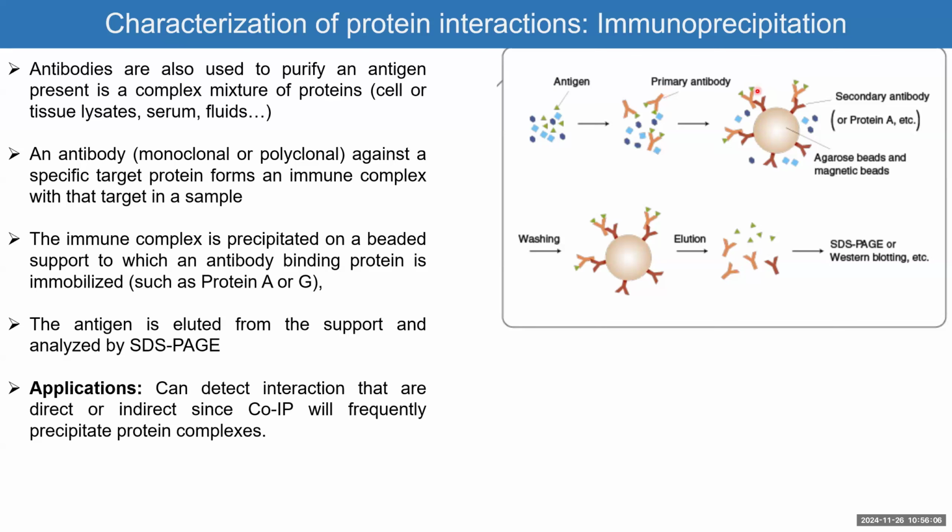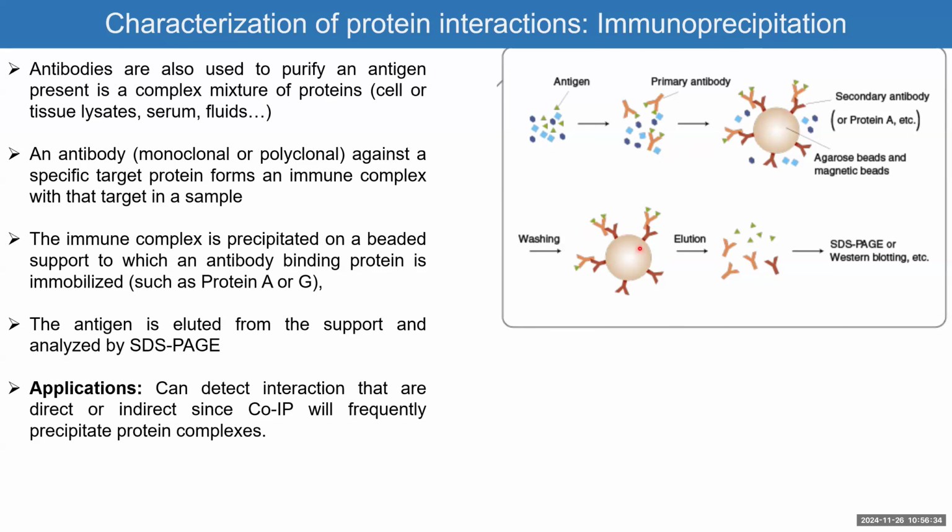I will put the primary antibody in both. I keep the antibody running around or shaking for a good period of time. The antibodies will bind or not to the protein. And then in order to pull down the antibodies that I added to that sample, I need the beads. So I add the beads. The beads will capture all the antibodies here in orange. And then when I collect these beads, it's very simple.